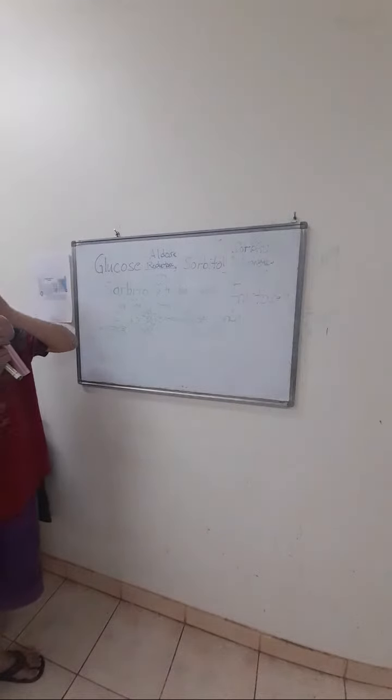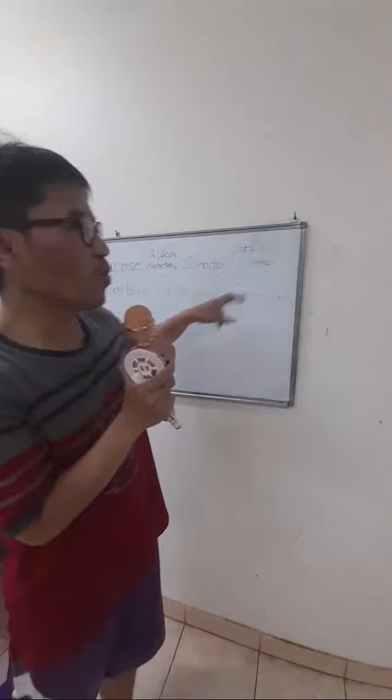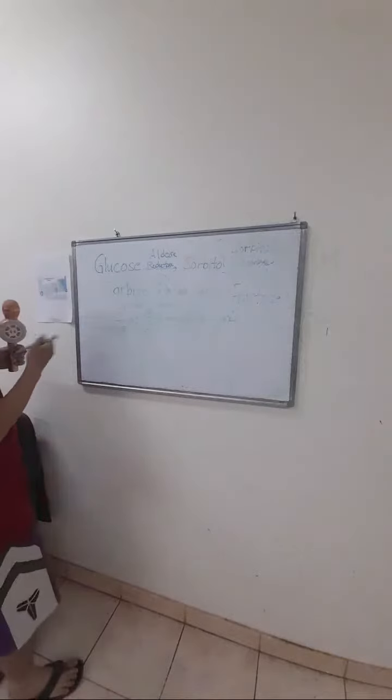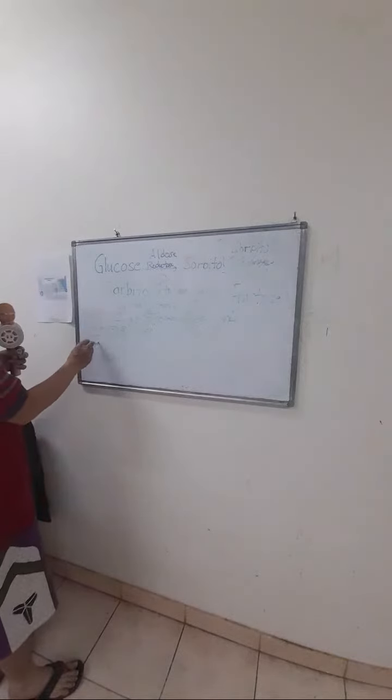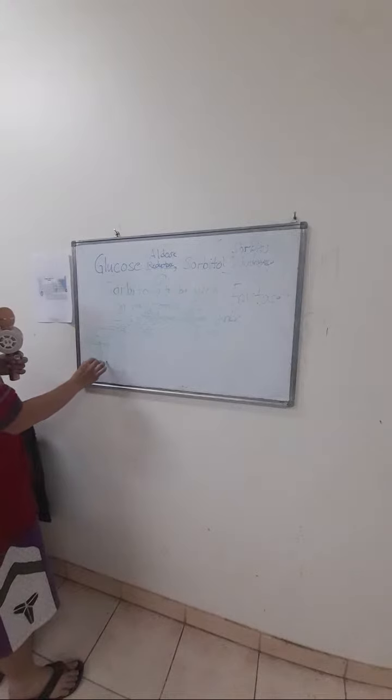Now, this is a higher form of alcohol, higher than glycerol, the sugar alcohol. The sugar alcohol is C3H8O3. But this one is C6H14O6, times 2.